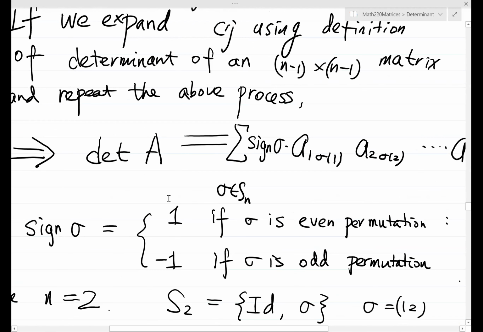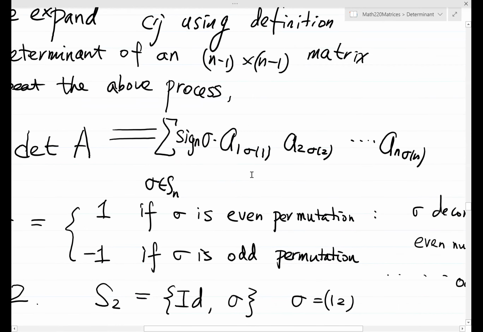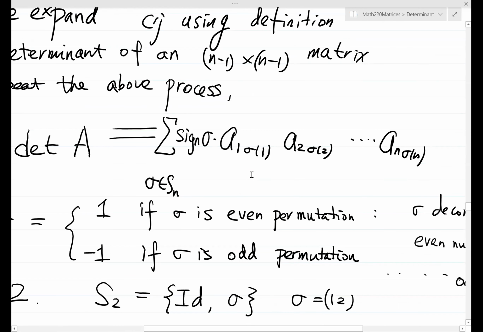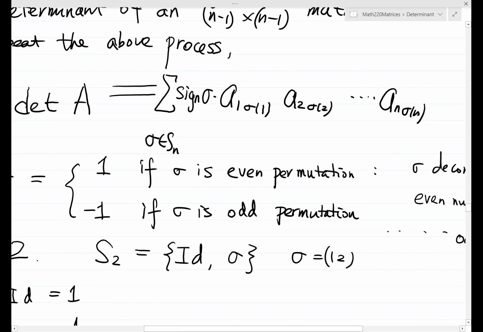So the determinant of A is the sum over all permutations sigma of A1,sigma1 times A2,sigma2, and so on, where sigma 1, sigma 2, up to sigma n are just the numbers from 1 to n.